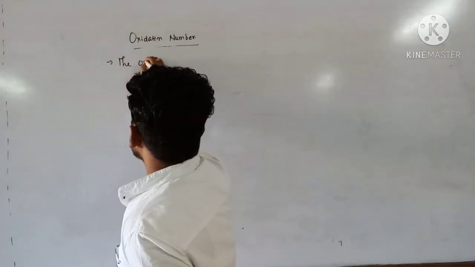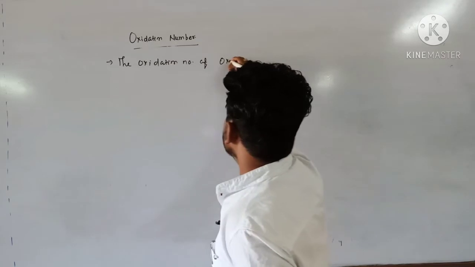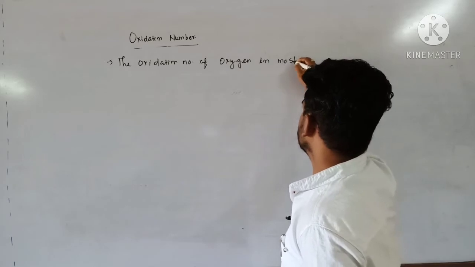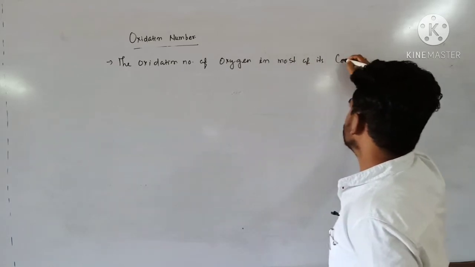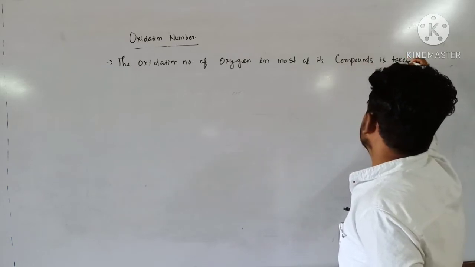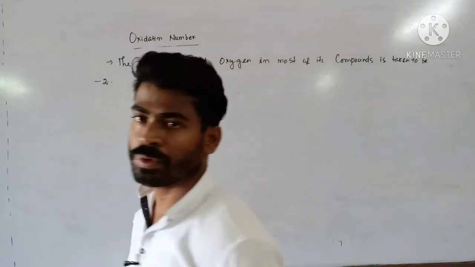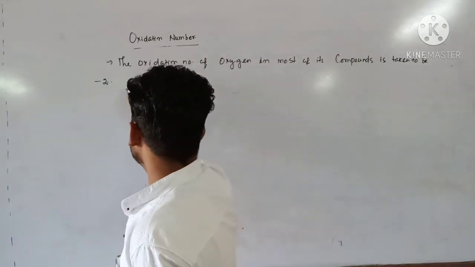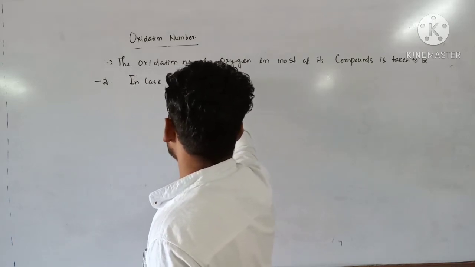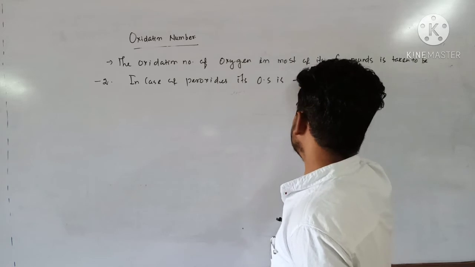The oxidation number of oxygen in most of its compounds is taken to be -2, except in peroxides. In the case of peroxides, its oxidation state is -1.